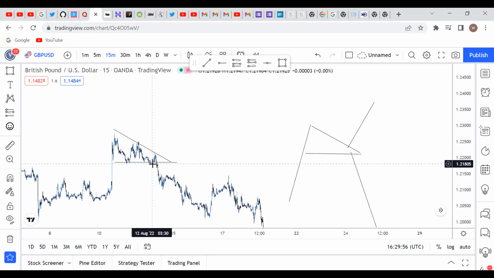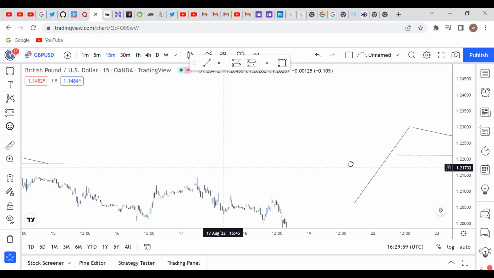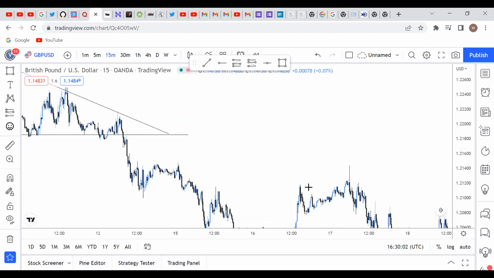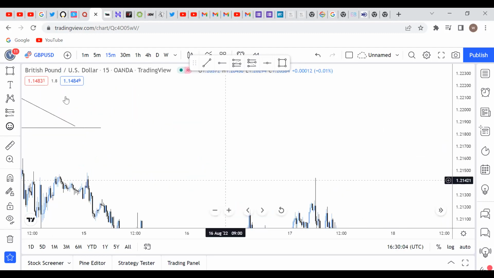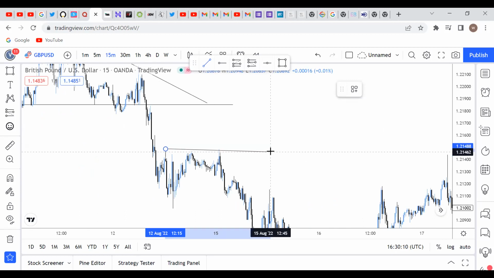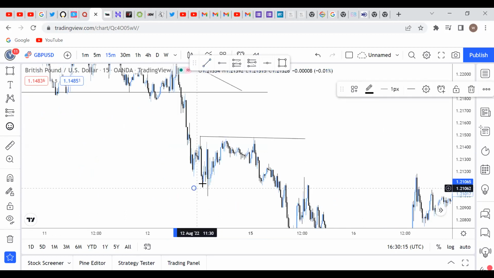So we are going to look at something like this. This is an ascending one. The upper part is flat, then the lower part is ascending upwards.